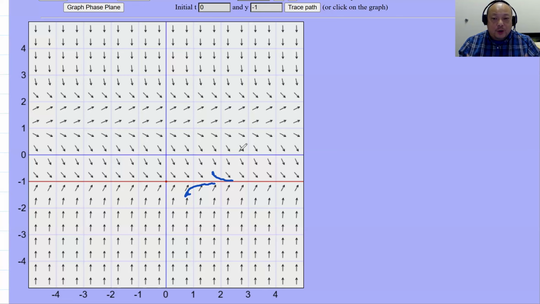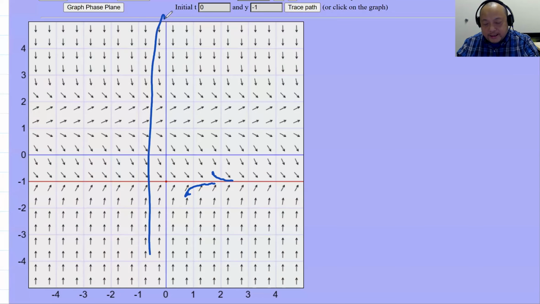Now, I want to show you a way to figure out the stability without drawing a whole slope field. I'll introduce the concept of a phase diagram. Let's take a look at just the y-axis.